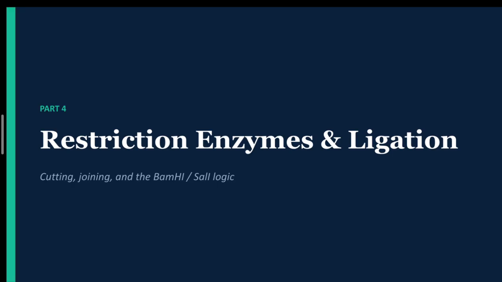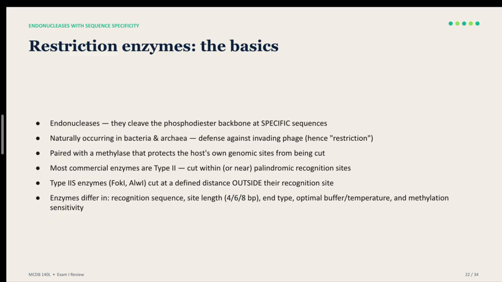Okay, cool. Now we're going to talk about restriction enzymes and ligation. So cutting, joining, and all the logic around BamHI and SalI. So the basics of the restriction enzymes, right? There's endonucleases. These are the things that cleave the phosphodiester backbones at specific sequences. They naturally occur in bacteria and archaea. They defend against invading phage.